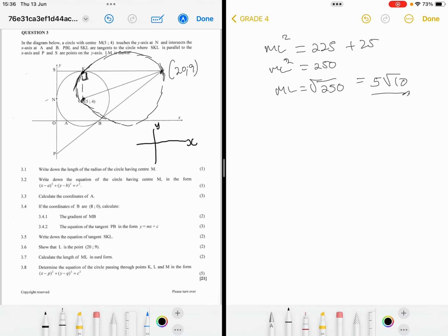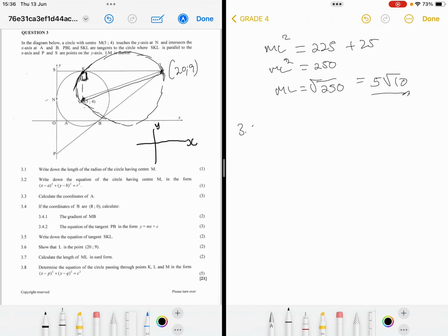Think about this. There's a theorem that says an angle that is 90 degrees is in a semicircle. So it's 90 here, which means, in other words, it's a semicircle. It means this ML is half of a circle. It's a diameter. It means ML is a diameter.